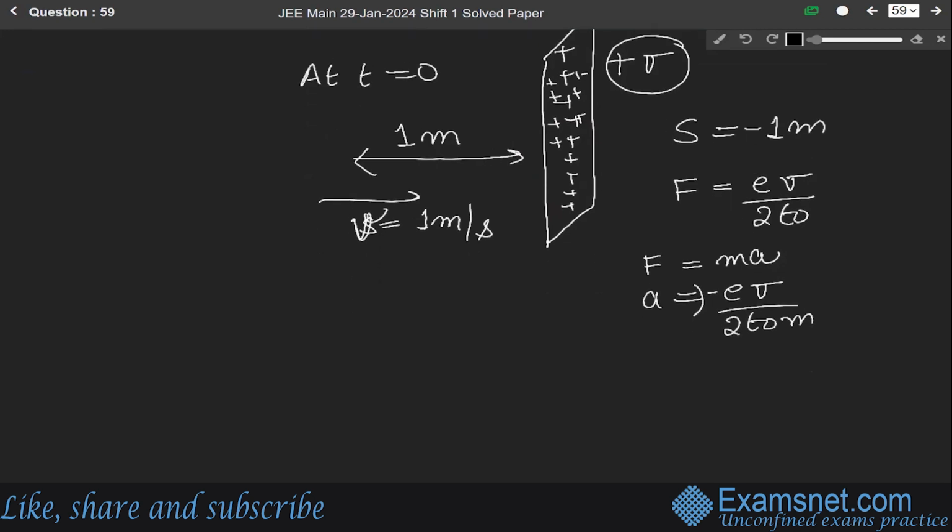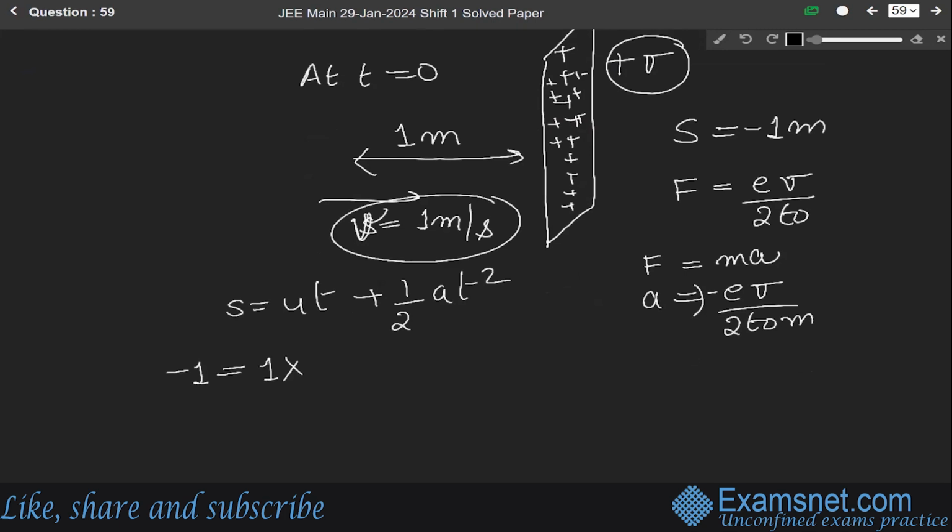Using the laws of motion equation, s equals to ut plus half at square. So s is minus 1, u is 1, moving with 1 meter per second speed, time is 1 second, minus 1 by 2, acceleration is E sigma over 2 epsilon naught into m into 1 square.